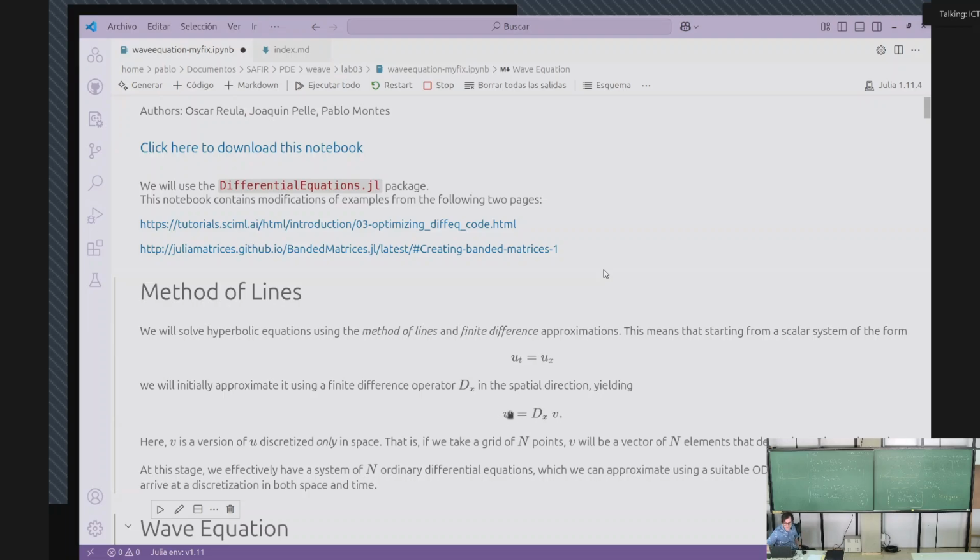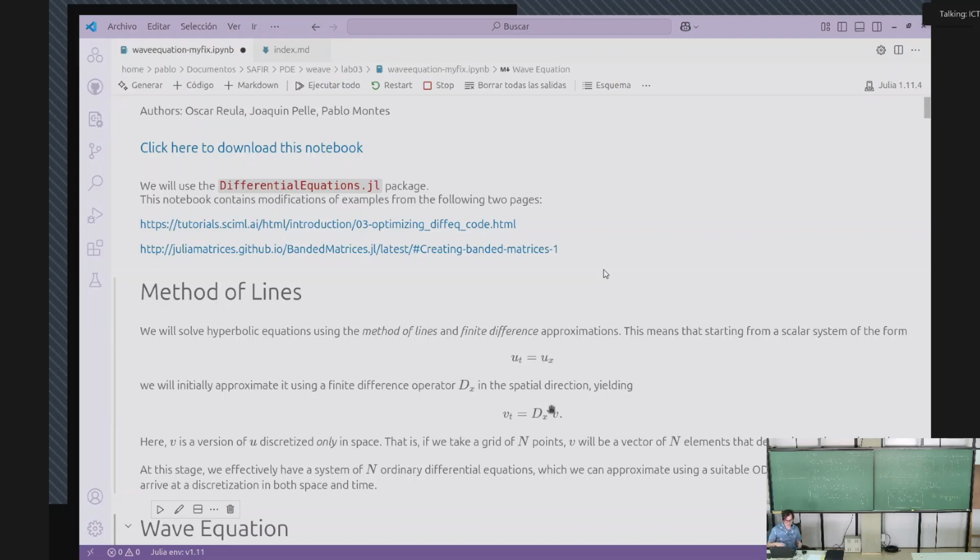The time derivative of v will be equal to some operator multiplied by v. This operator will be the one that does the derivative, right? So essentially we are changing one linear operator, the derivative, to some other linear operator which will be an approximation, right? And here we are only discretizing in space, not in time, right?